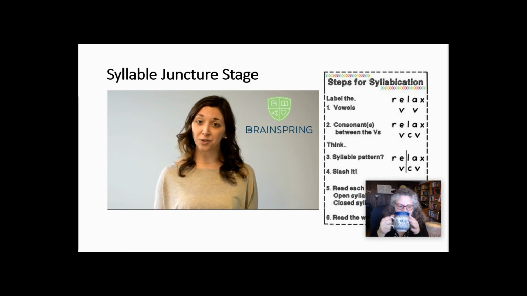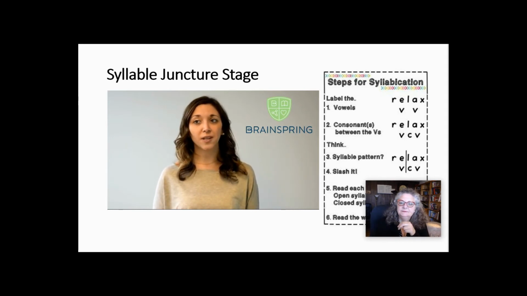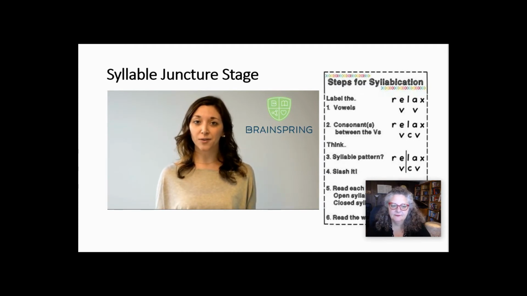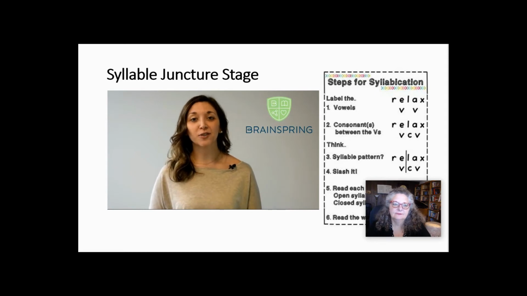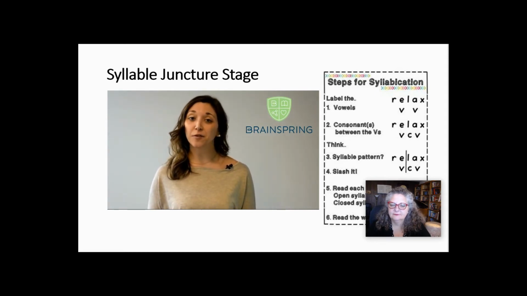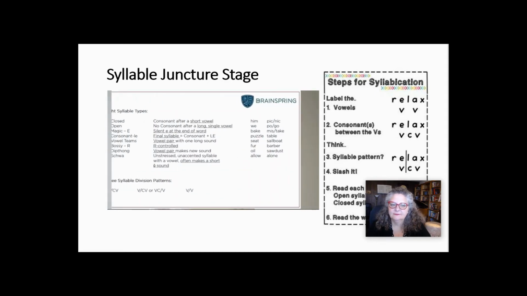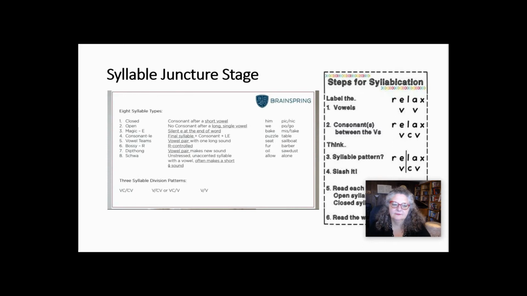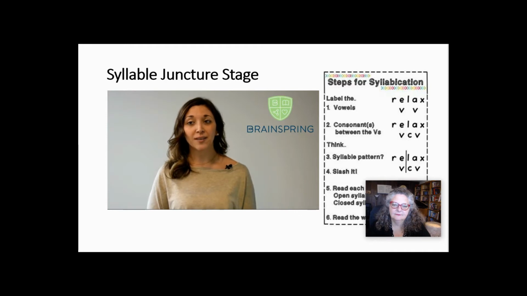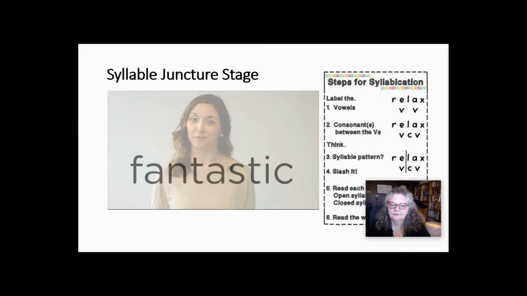However, our struggling readers really need a tool. They need explicit instruction on how to break apart unfamiliar multisyllabic words. In our Phonics First and Structures courses, we teach the 8 different syllable types in English and also the 3 different division patterns. As the student continues throughout the program, the syllabication is going to become more advanced.